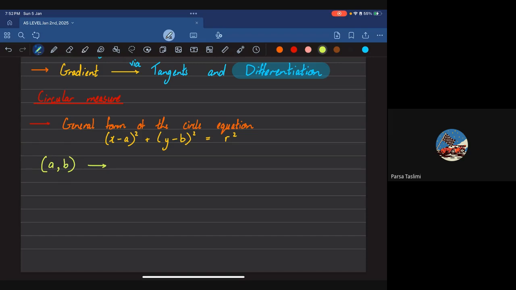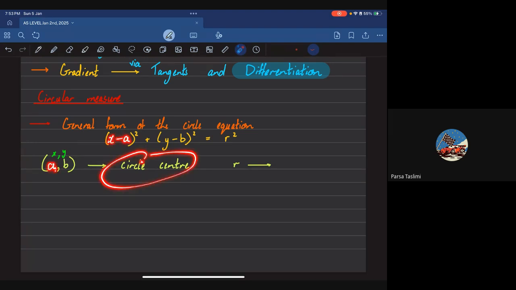So it's going to be the circle center, the coordinates of the circle center, the x coordinate and the y coordinate. And also r is your radius. Now, mind you, whatever is written inside the circle equation, if it says x minus a, that means your circle center is actually positive a.